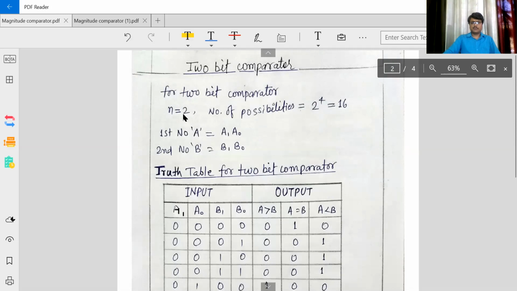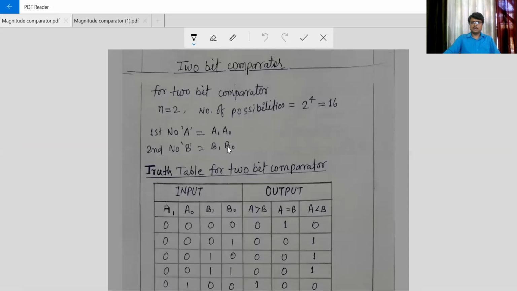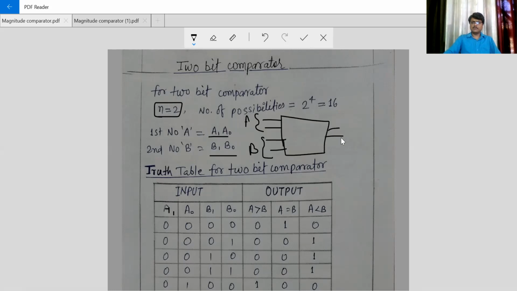For n equal to 2, meaning a comparison of 2-bit numbers, the number of inputs possible will be 4, because 2 for A and 2 for B. And there will be 3 outputs: A is greater than B, A equal to B, and A is less than B.